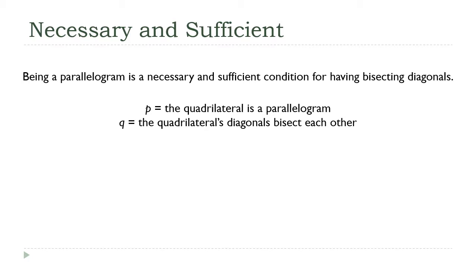If we let P be the quadrilateral is a parallelogram, and we let Q be its diagonals bisect each other, then using our two symbolic definitions of necessary and sufficient, this must mean P implies Q and Q implies P. But as we first saw, right back when we talked about biconditionals, this statement is equivalent to P if and only if Q.